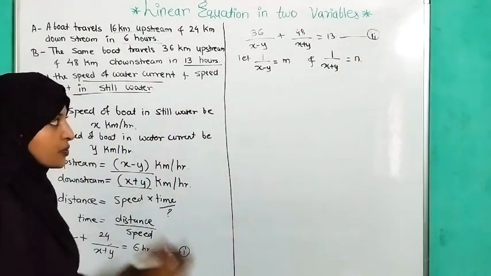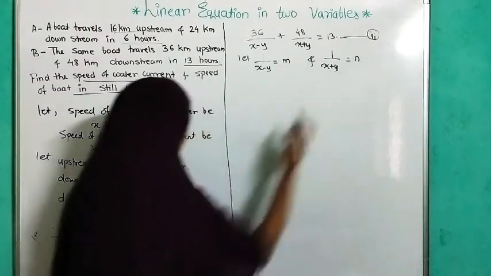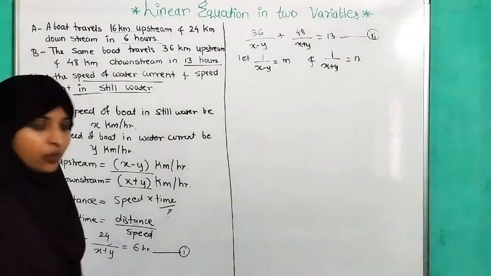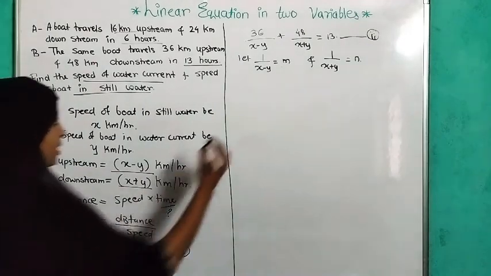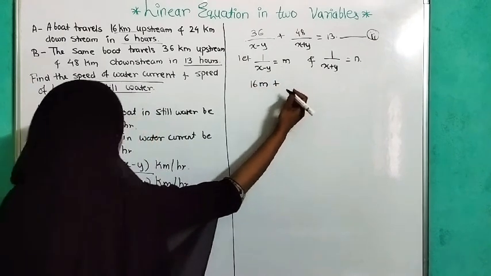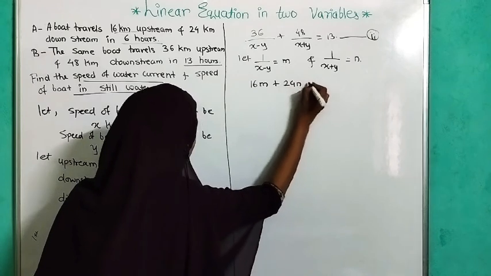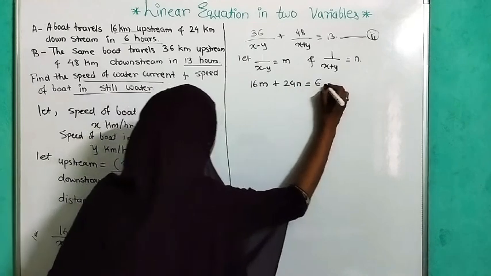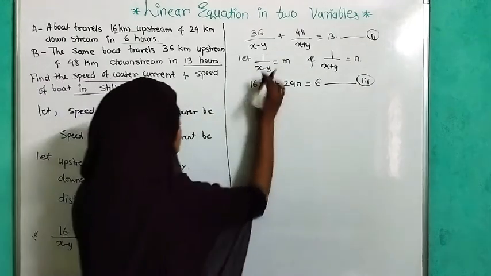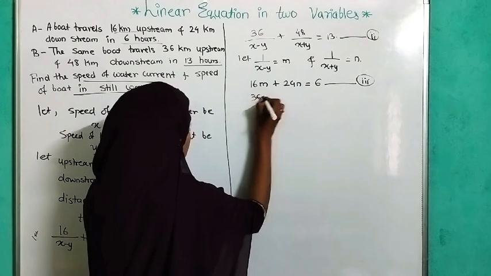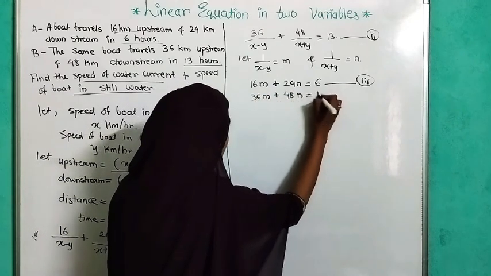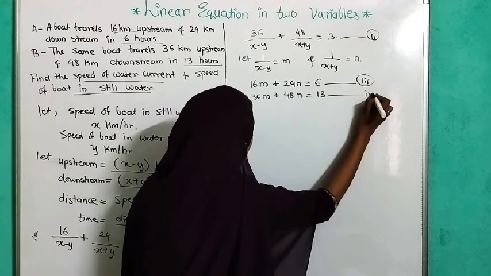If we substitute the values of m and n in these equations, we get simplified equations. So here we write 16m plus 24n, and in the second, 36m plus 48n equals 13. This is equation number 4.